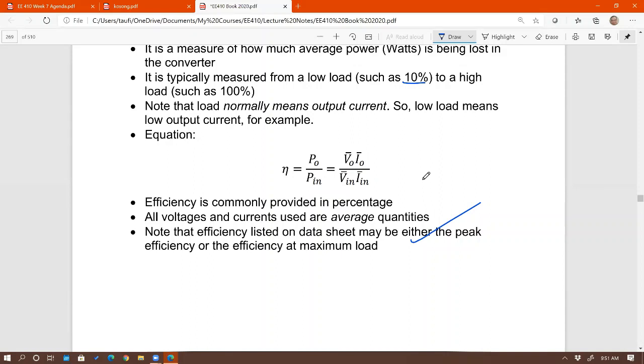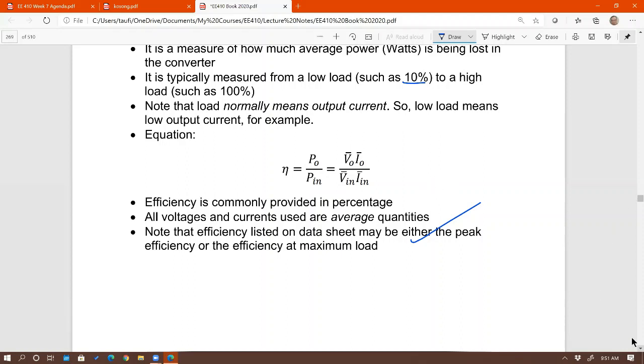Make sure you know at what condition this peak efficiency is measured. If the data sheet states that the peak efficiency is 94%, for example, at what load was this measured? Because it might be different from what you're thinking.